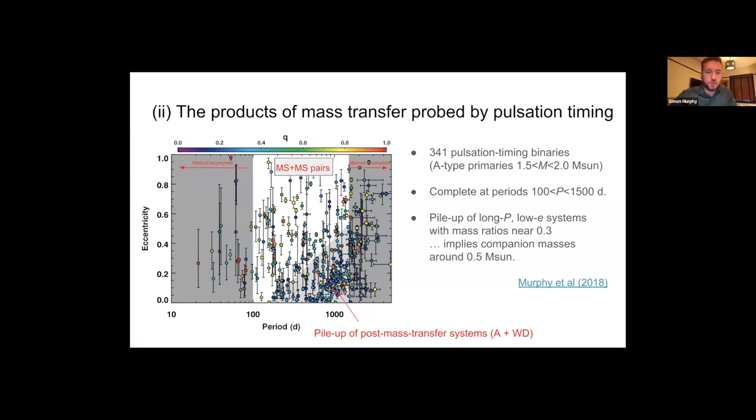And so what we observe is this pileup down here of these long period, low eccentricity systems, and they all have mass ratios, well, not all of them, but most of them have mass ratios very close to sort of 0.3. And so with primary masses of about, say, 1.7 solar masses, that gives you companion masses of about 0.5 or 0.6 solar masses, which is quite typical for a helium white dwarf.